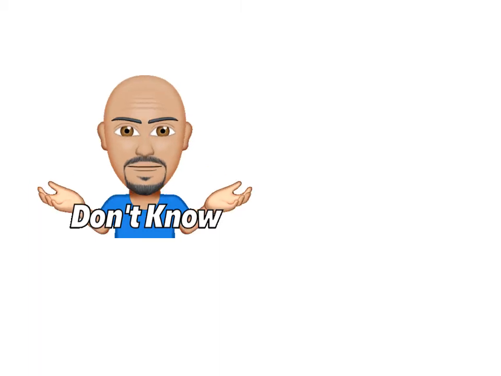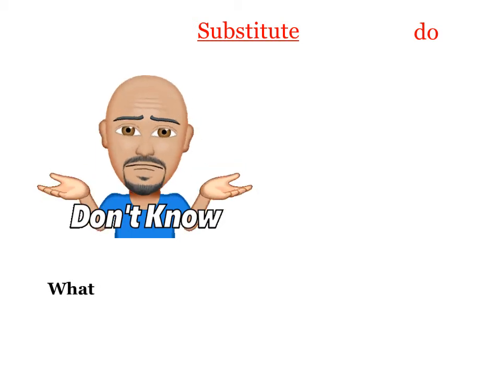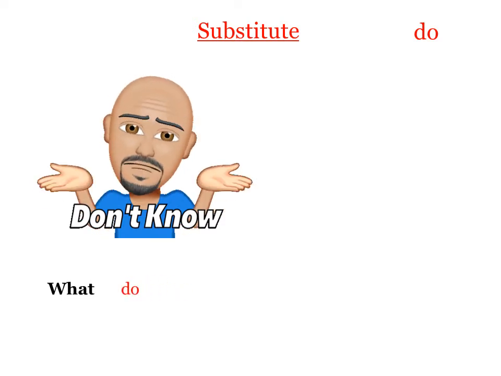Now, when you don't know, you can use a substitute. The substitute being do. For this, you want to use a question word like what. What, and then do. What do, person you.